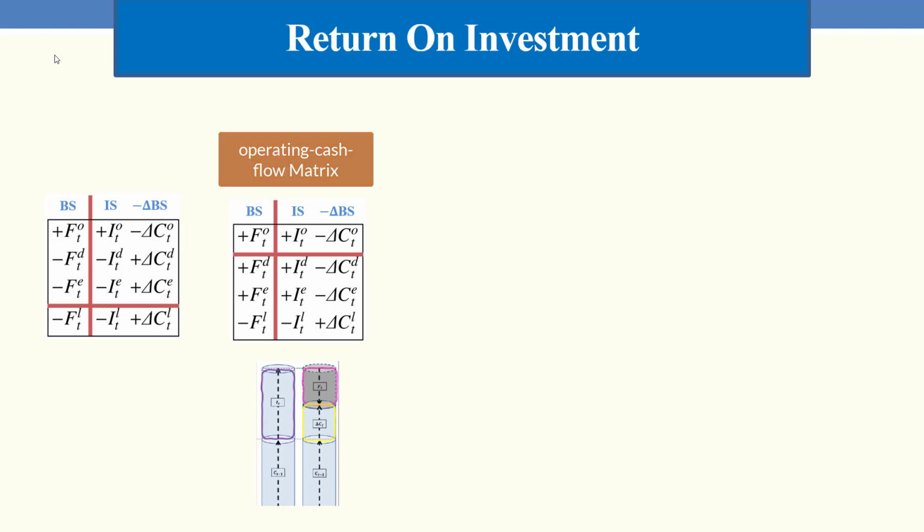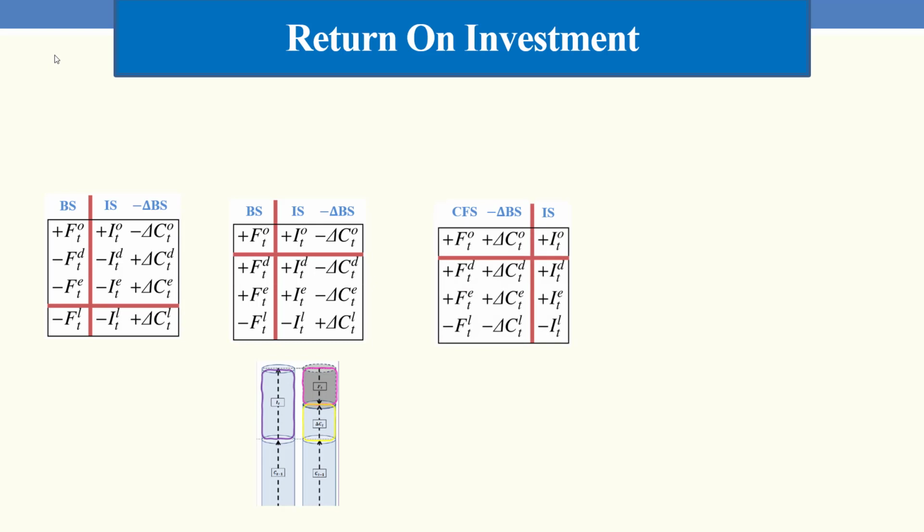Let's now shift the third column leftward, and we get the operating income matrix, where operating income is displayed in three different ways. Finally, we can divide each element of this matrix by the same number, namely the beginning of period operating assets, the beginning of period invested capital.